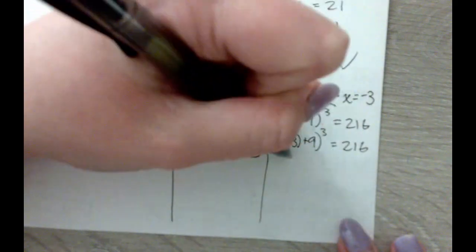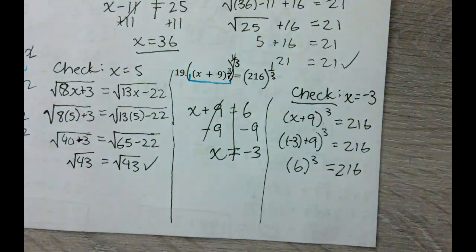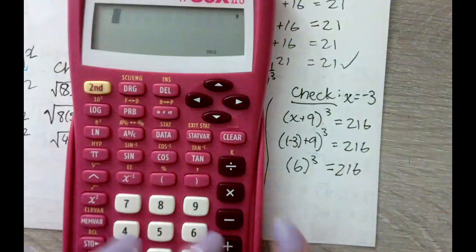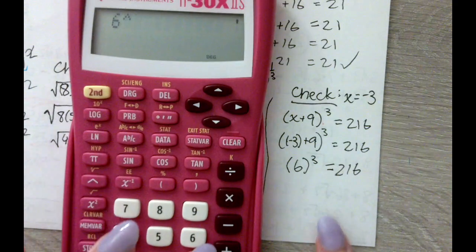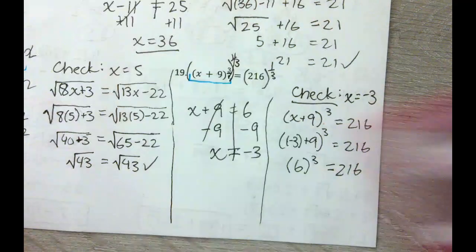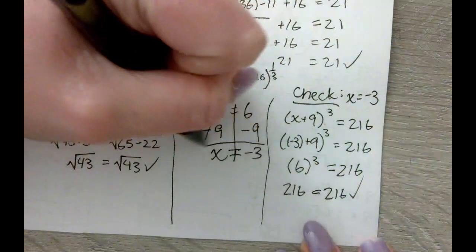Negative 3 plus 9, that is a positive 6 cubed, equals 216. And then in our calculator, we're just going to verify. 6 caret 3, it is 216. It worked. So x does equal negative 3.